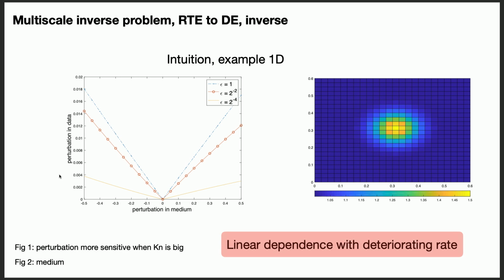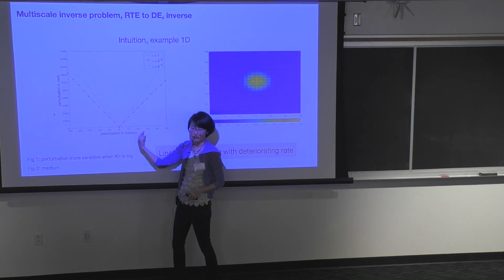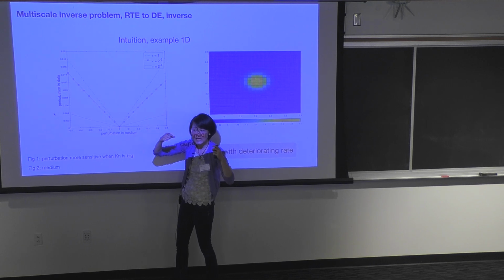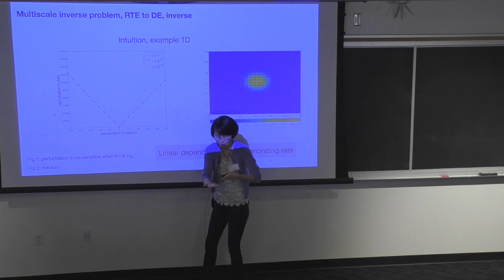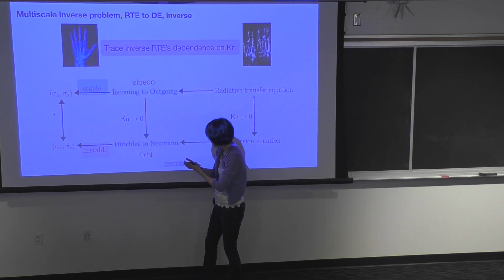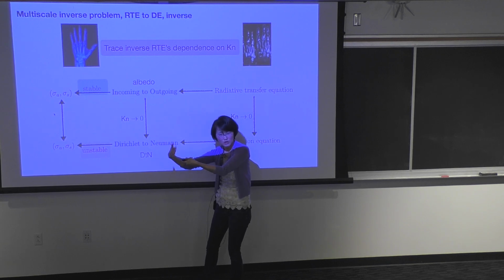However, for big Knudsen number, when your photons don't scatter, you perturb your hand by a little bit, and the perturbation in the data is huge. So you can really see the data is sensitive to the hand. In the small Knudsen number region, when you send the light, basically this light doesn't really tell me information on my hand.